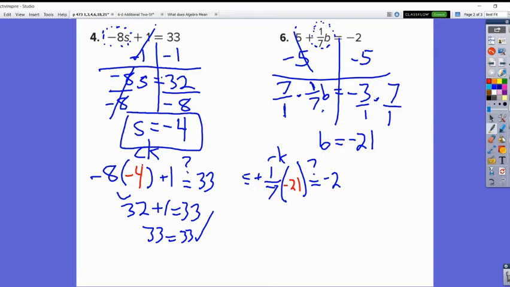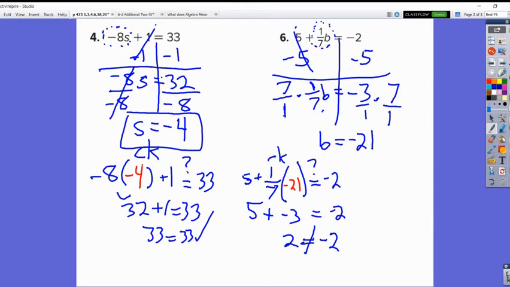Okay, so 5 plus 1/7 times negative 21. Well, 1/7 times negative 21 is negative 3. And 5 plus negative 3 is 2. 2 does not equal negative 2.